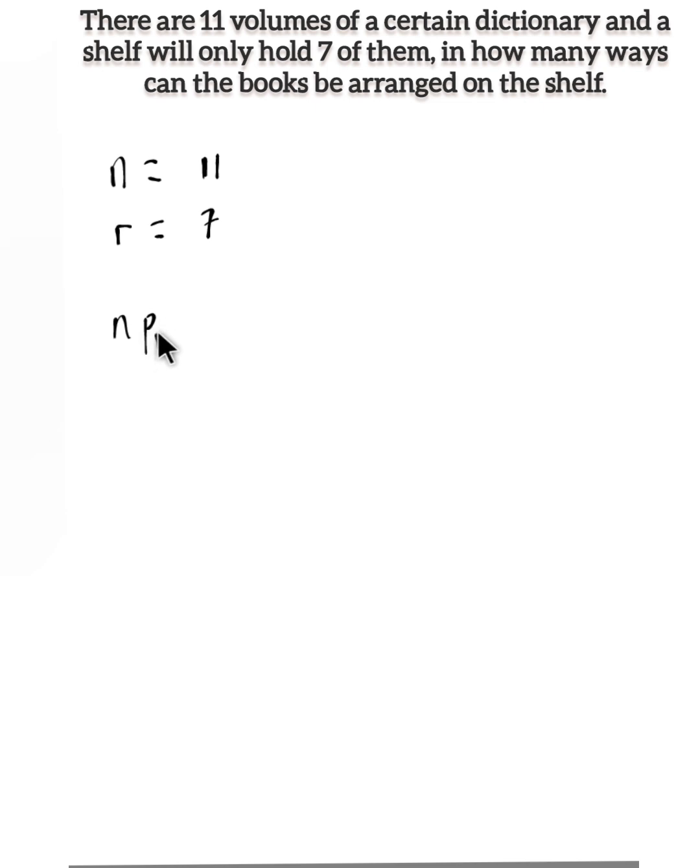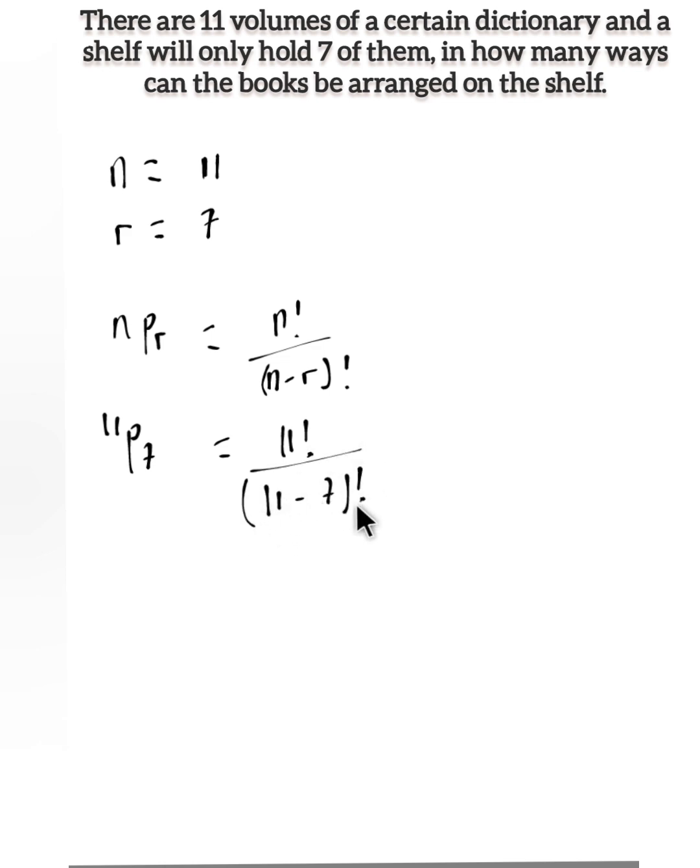nPr is equal to n factorial all over n minus r factorial. And hence 11P7 will be equal to 11 factorial all over 11 minus 7 factorial, and this is equal to 11 factorial all over 4 factorial.